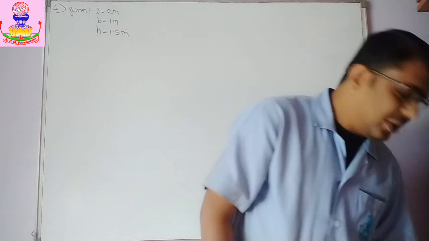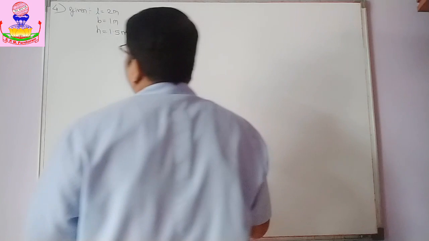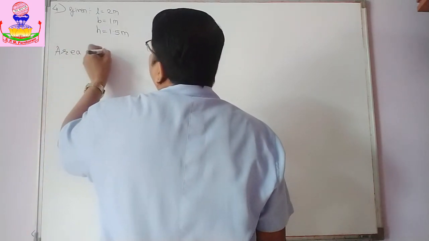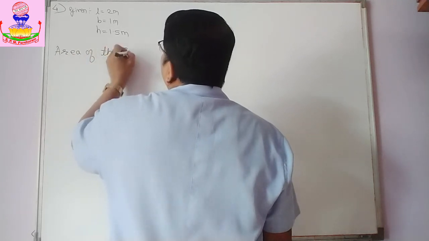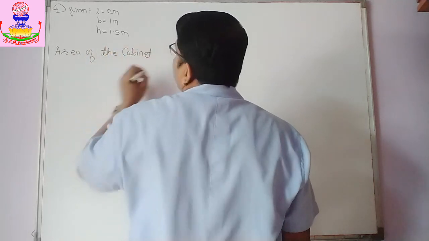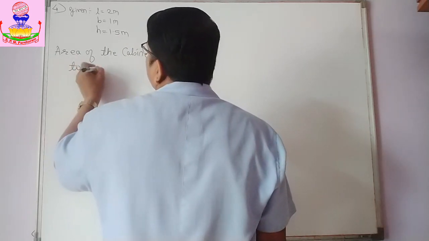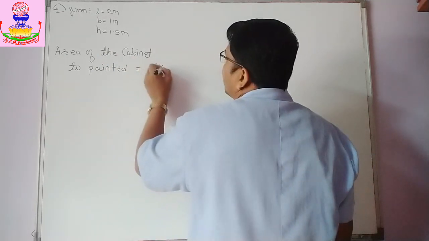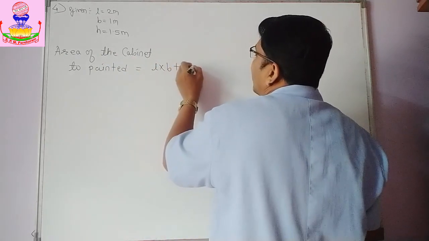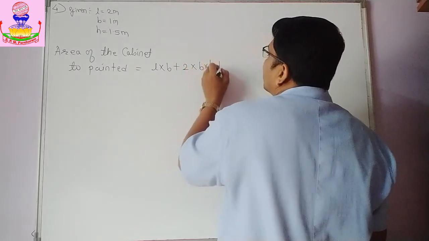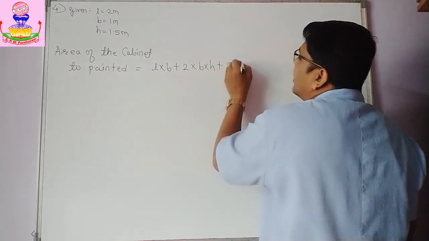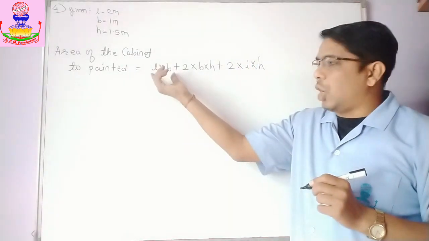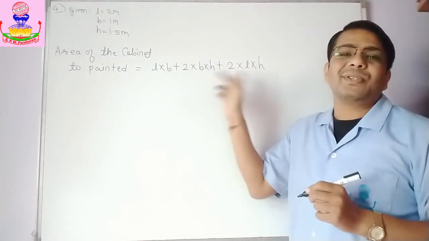Okay. So what we'll do, first find out the area of the cabinet to be painted. So as I have said, L into B plus 2 into B into H plus 2 into L into H. Okay, only top, rest all surfaces we are going to take.